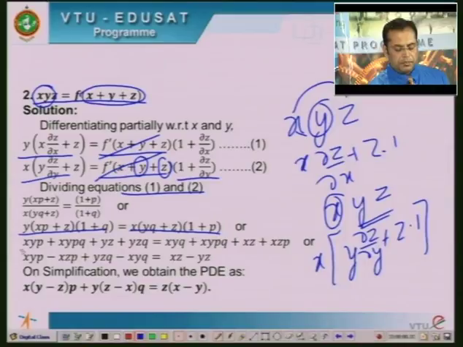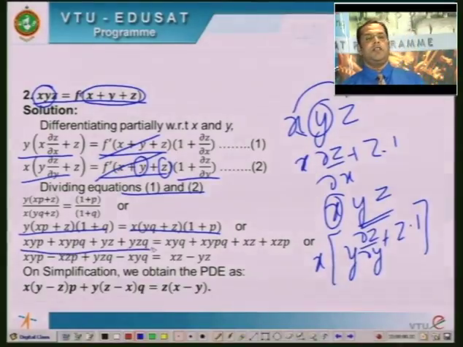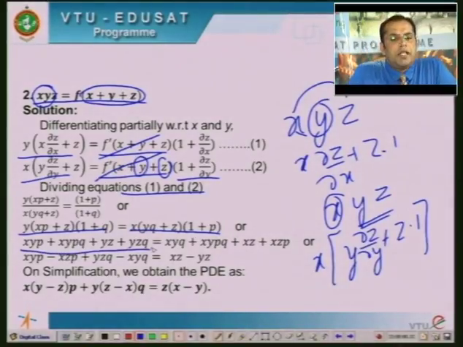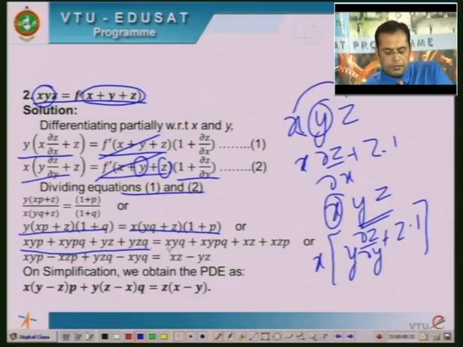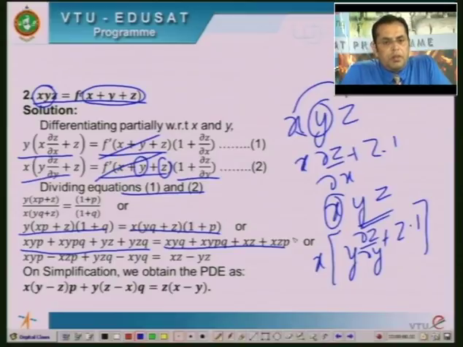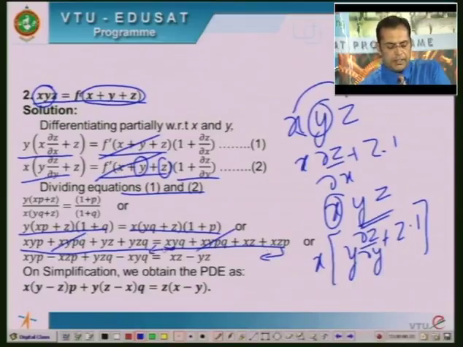Multiply term by term. The LHS will give xyp plus xypq plus yz plus yzq, equal to xyq plus xypq plus xz plus xzp. Notice that the xypq terms cancel. Take all p and q terms to the LHS, and the remaining terms to the RHS.